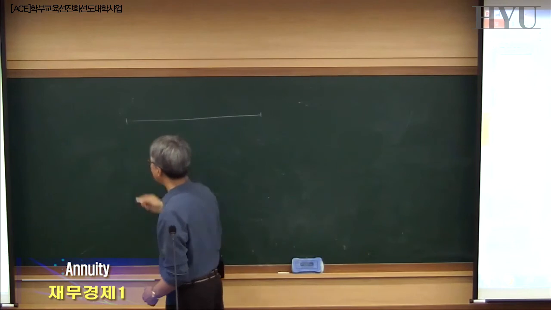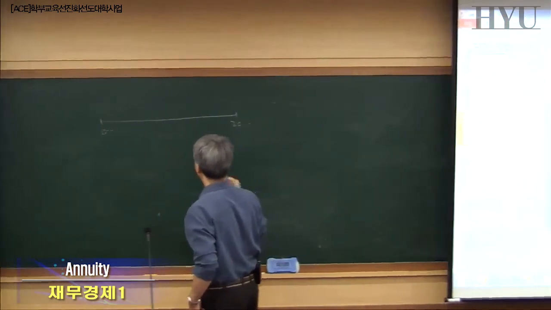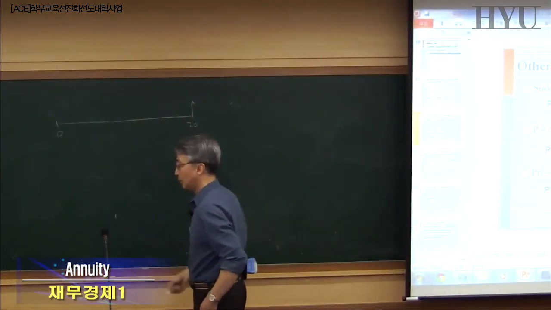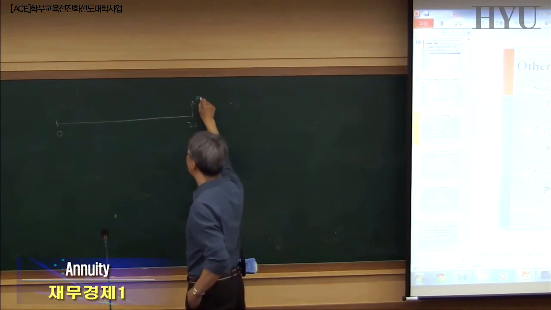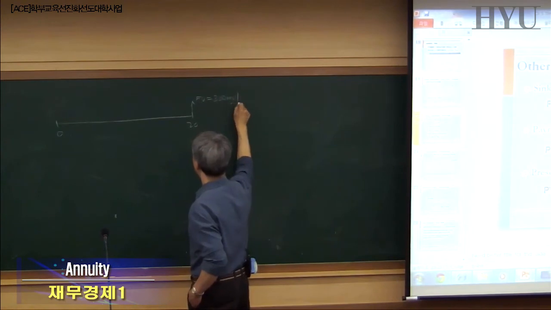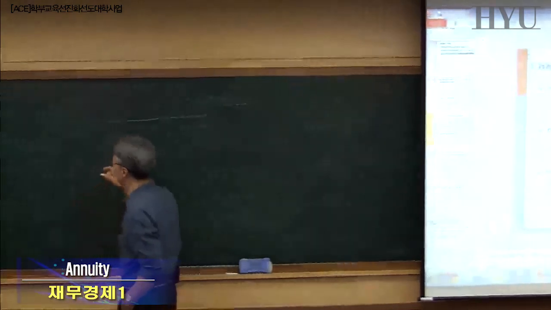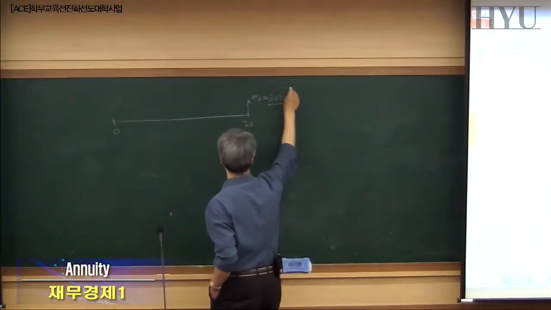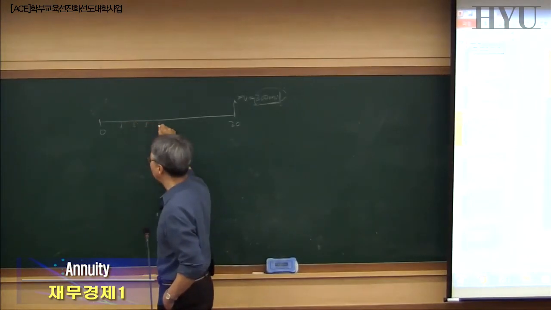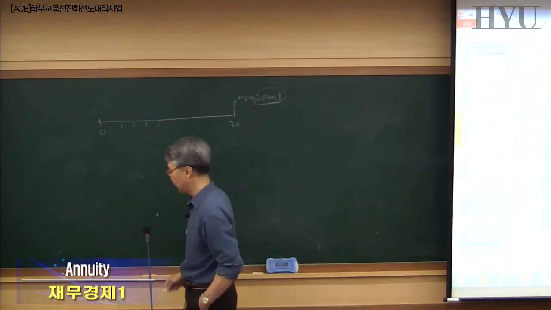So at the end of 20 years, they're going to have a certain amount of money, the future value, and let's say that's $200 million. The question is, in order to have $200 million 20 years later, how much money do we need to set aside every period? That's the idea of the sinking fund concept.